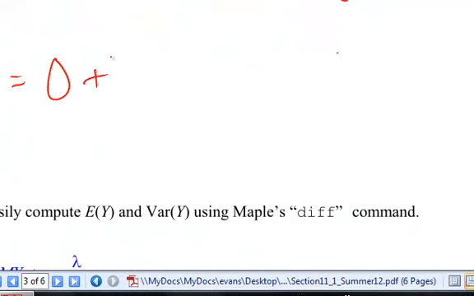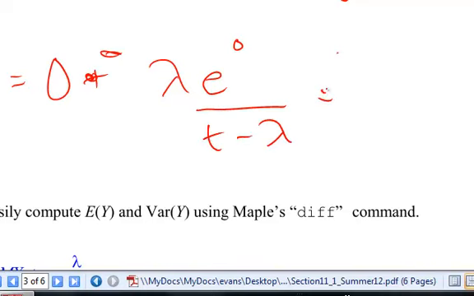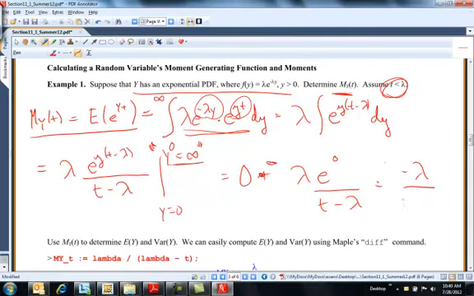And then when I plug in 0, I'm going to get lambda e to the 0 divided by t minus lambda. So this should be a negative lambda over t minus lambda, or you could rewrite it as lambda over lambda minus t. That's the moment generating function.